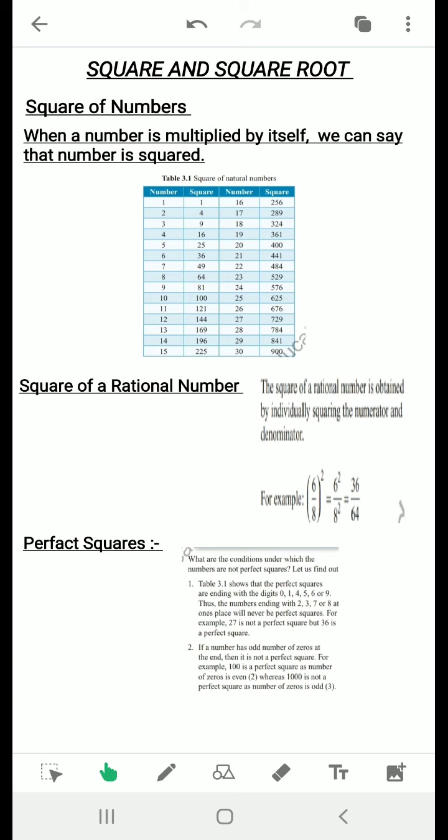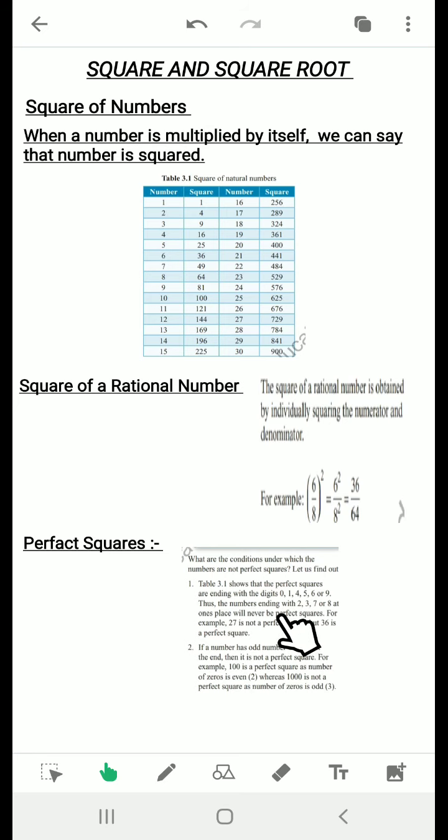But in the second case, all numbers ending with 2, 3, 7 or 8 are not perfect square numbers. If you find any number ending with 2, 3, 7 or 8, then we can directly say that it is not a perfect square number.